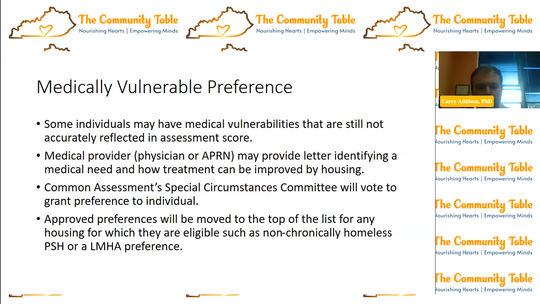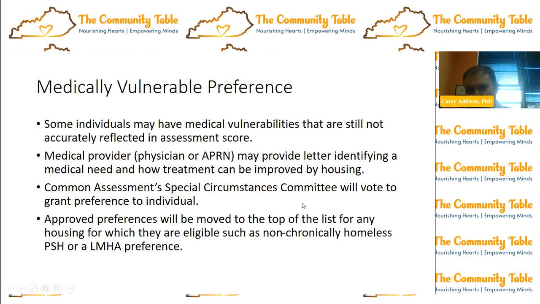If we have multiple people, then we'll go again by who has the highest score at the top of that list. So far, we have done it for 2 individuals we've been able to get approval for, and I can say there are people that would not have normally risen to the top of the list due to various aspects of their situations as well.